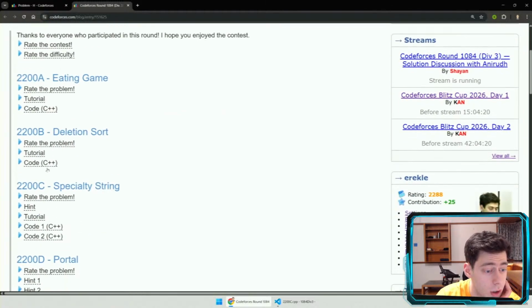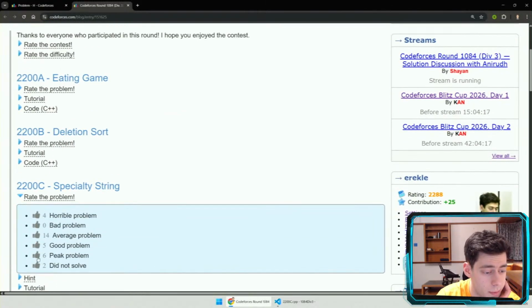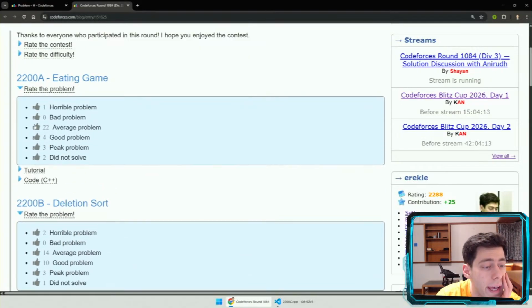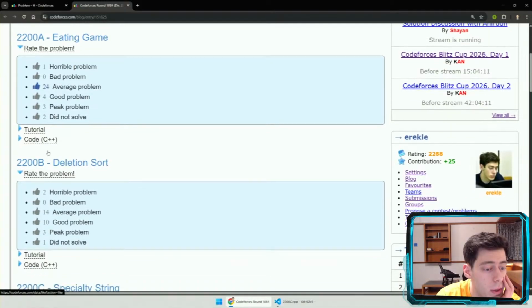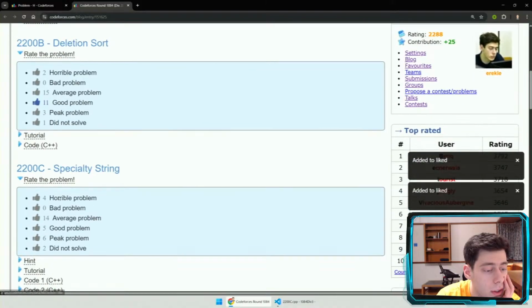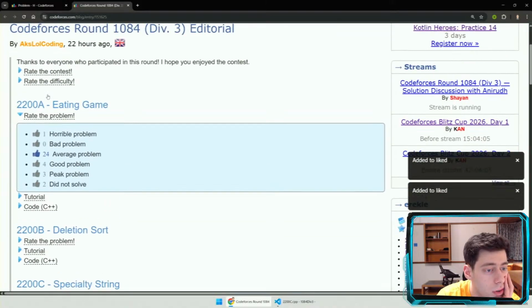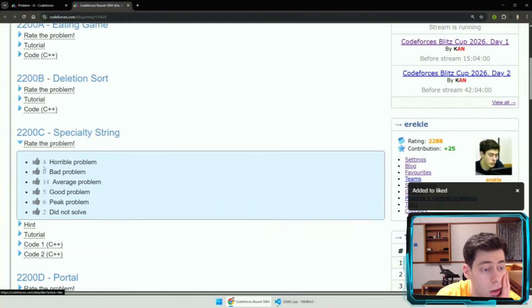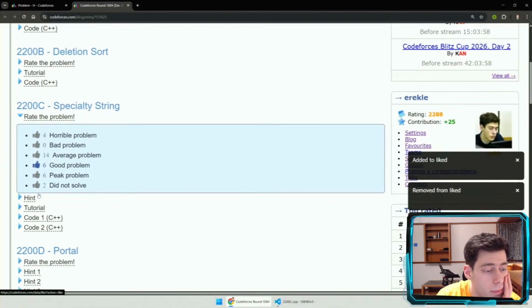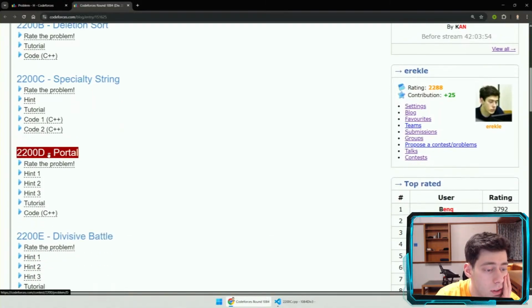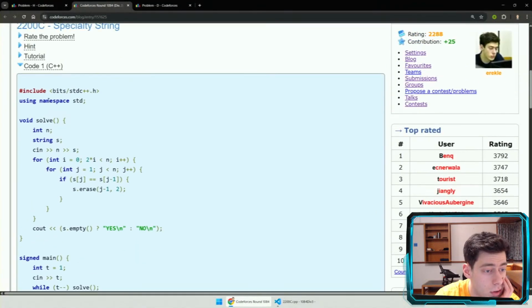So yeah, I think this is a good problem. A was like an average problem. B was a good problem. C was a good problem. D. Why do they have two code snippets?